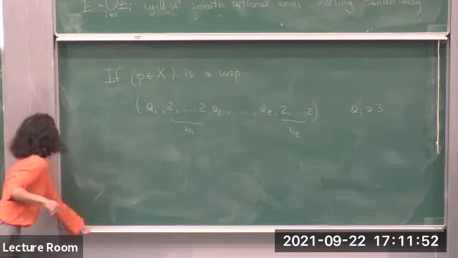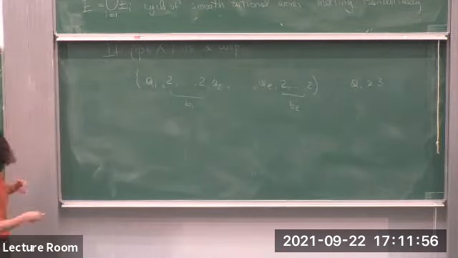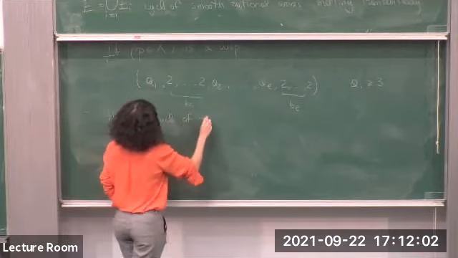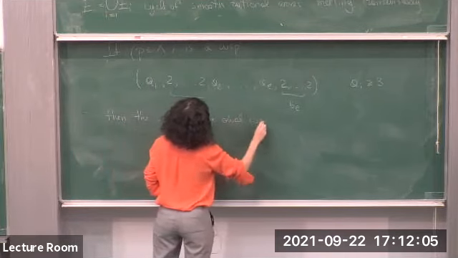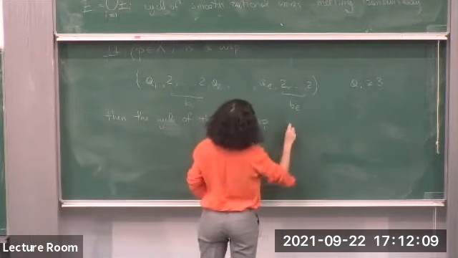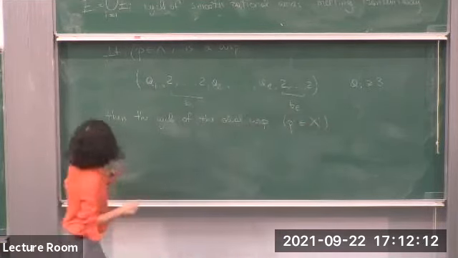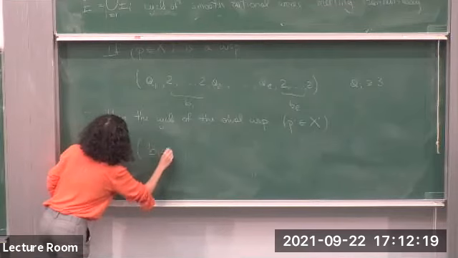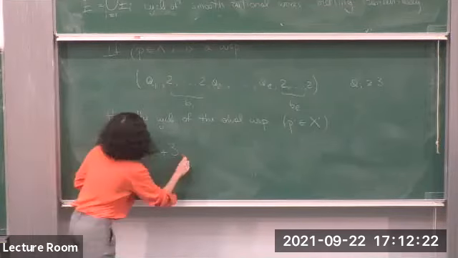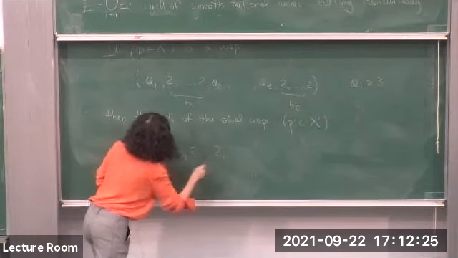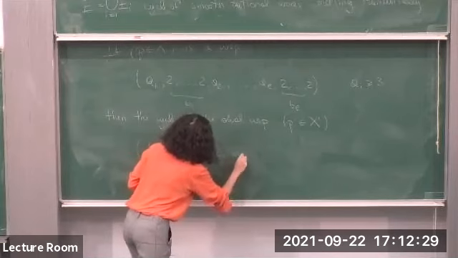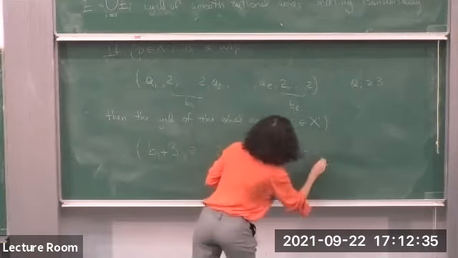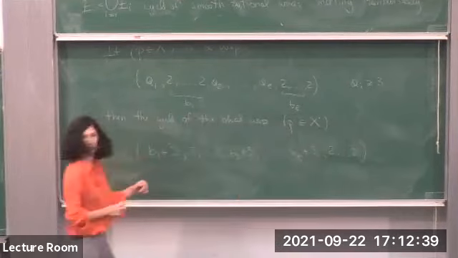Then if I want to write down the cycle of the dual cusp, P prime in X prime, that's going to be B1 plus 3, then some 2s, B2 plus 3, all the way down to BL plus 3, and then a bunch of 2s.